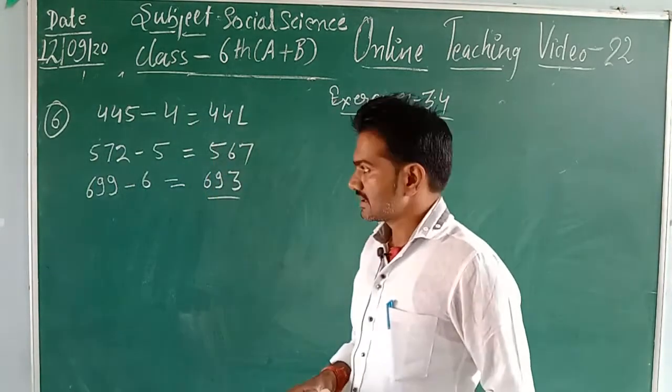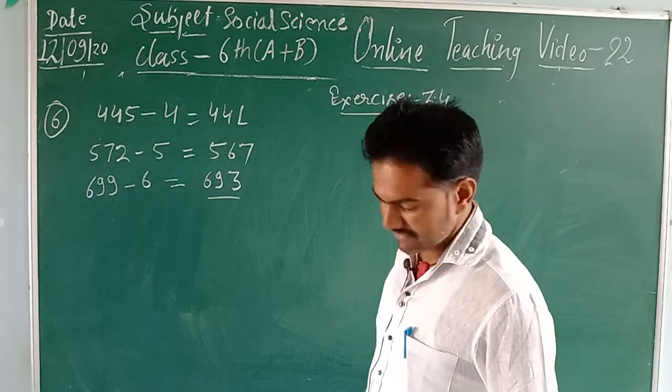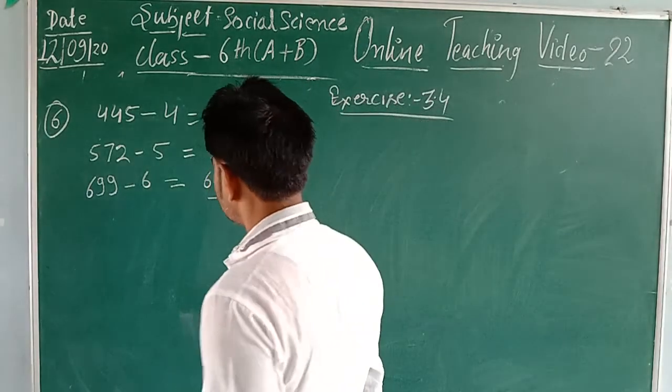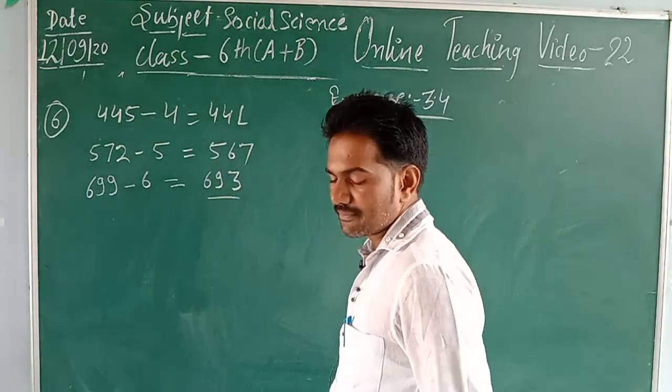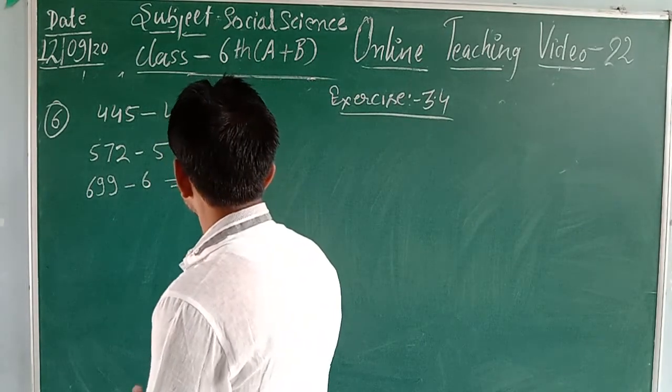So there are three numbers, 441, 567 and 693.